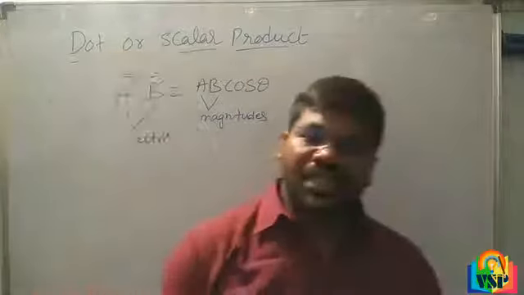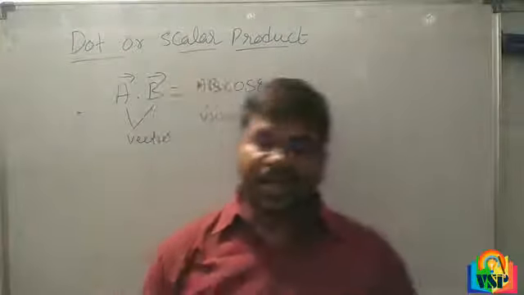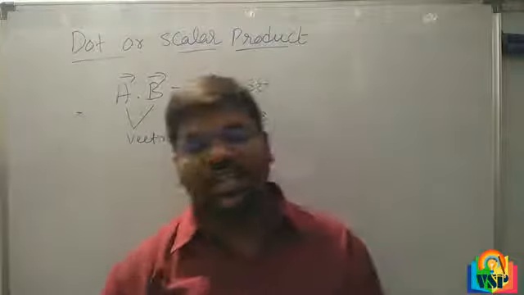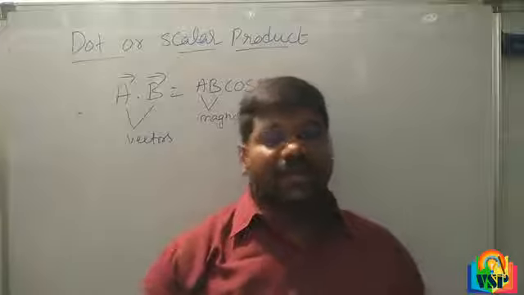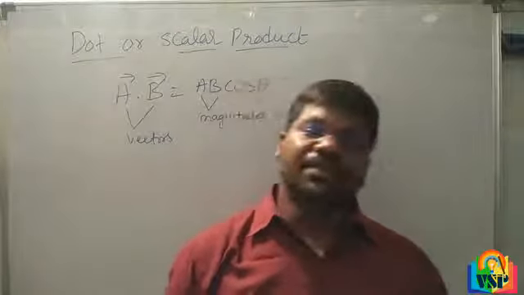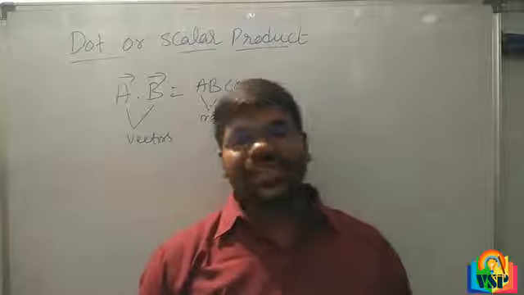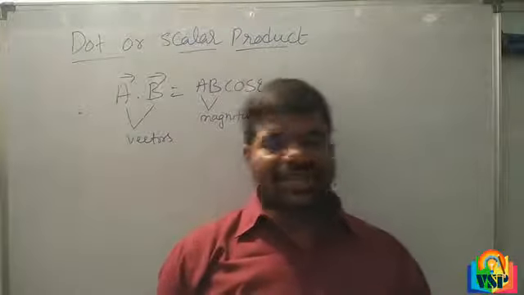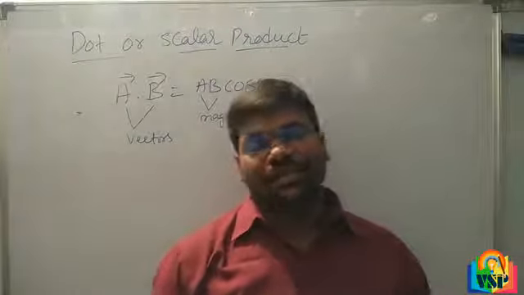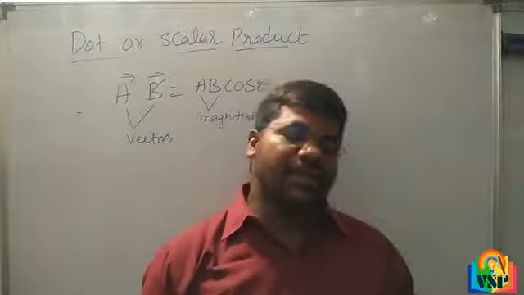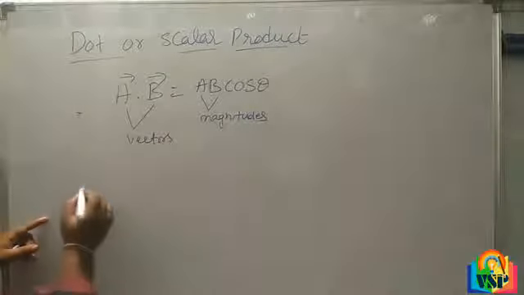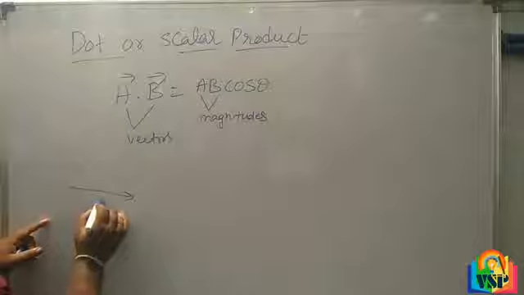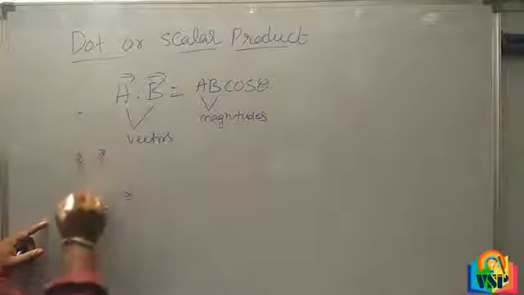Once again, the definition of dot product: it is defined as the product of the magnitudes of vectors A and B and the cosine of the angle theta between them. It is represented by A bar dot B bar is equal to AB cos theta. Consider two vectors A and B, with angle theta between them.